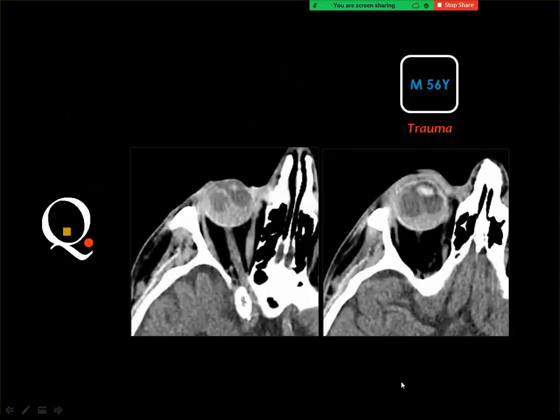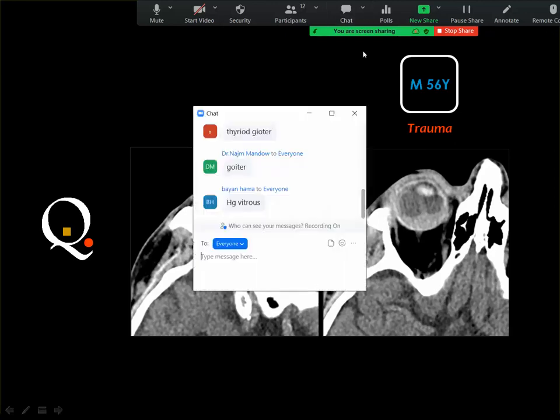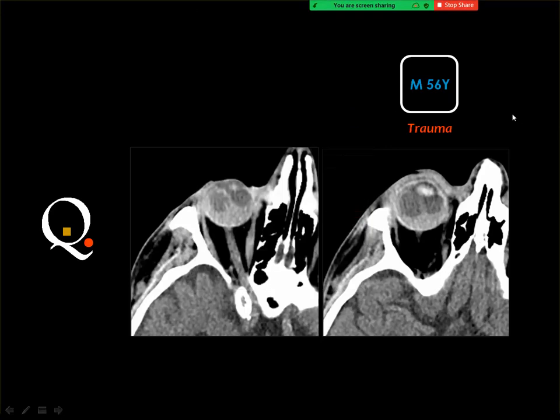The next case. This is a male, 56 years old, with history of trauma. Yes, and this is vitreous hemorrhage and is not rupture of the globe.